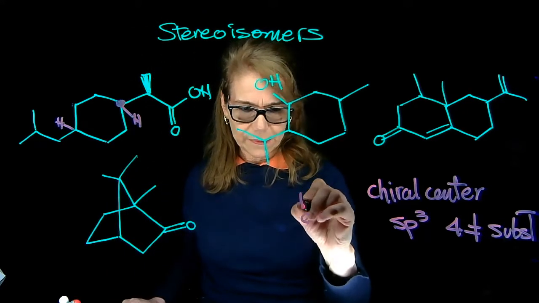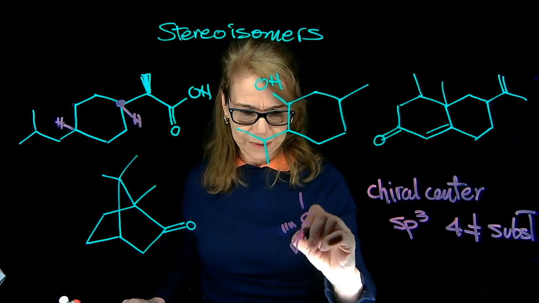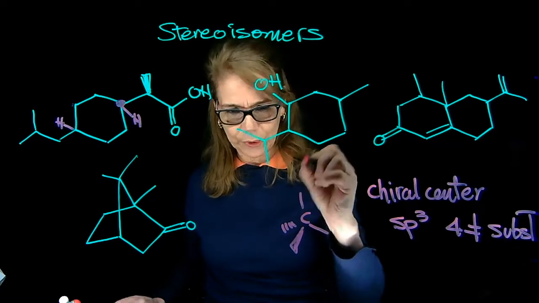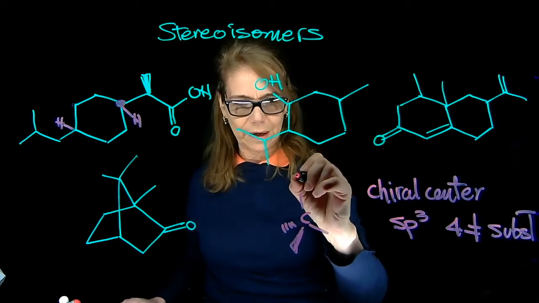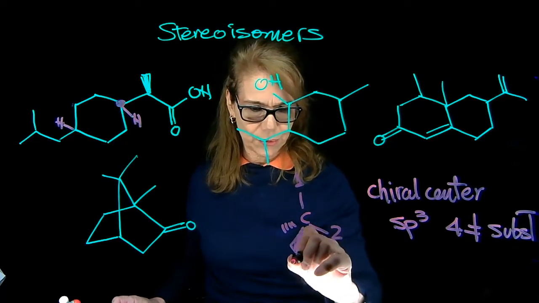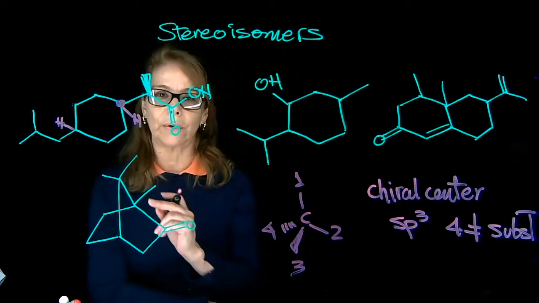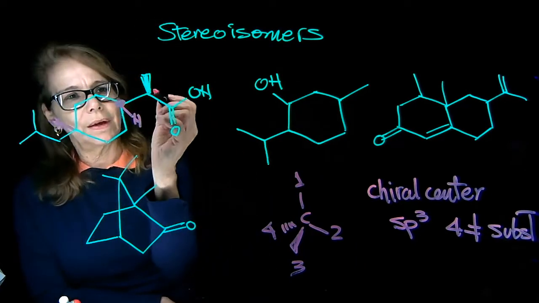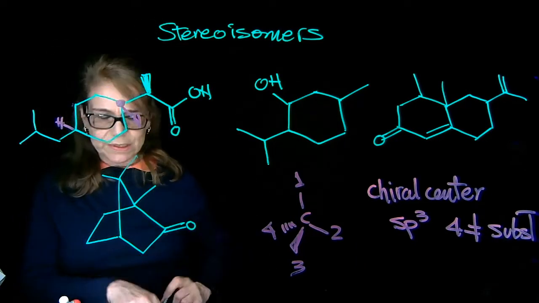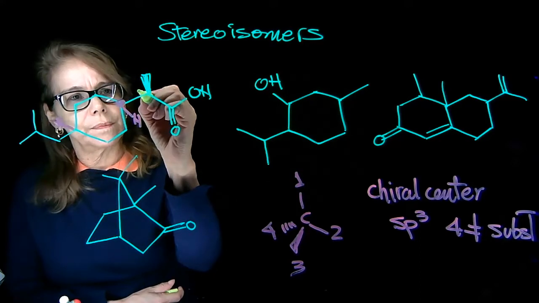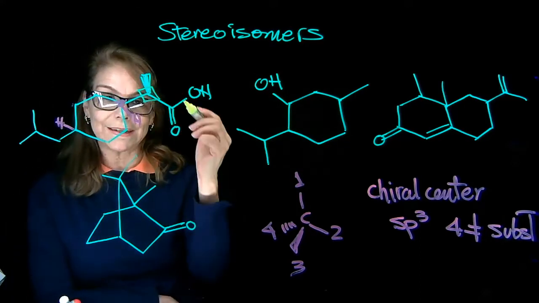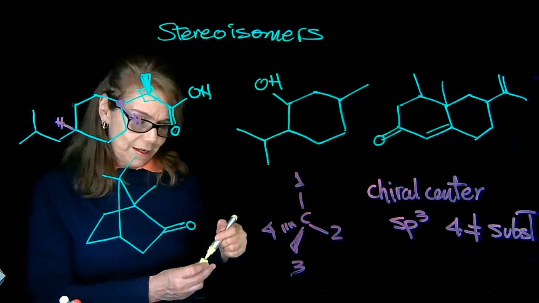So I'm going to make a drawing of that. To remind us that for a chiral center, we have, say, here I have 1, 2, 3, 4 different substituents. That's what we're looking for. Now, the carbon next to it, this one here, let's analyze that. There is a hydrogen there.